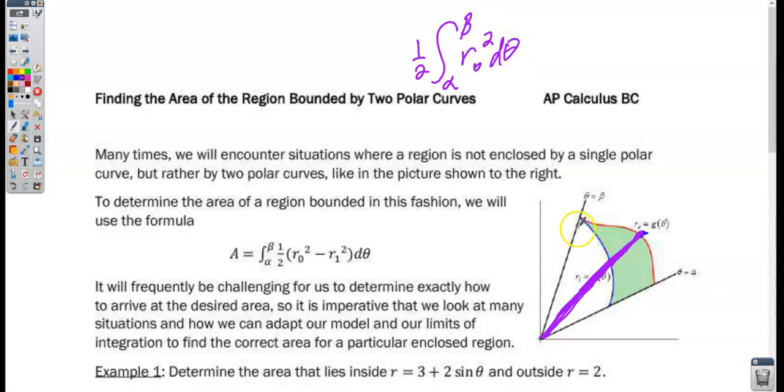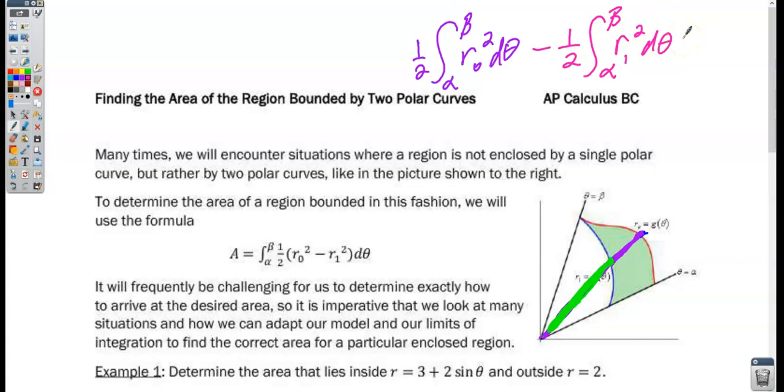That's giving you the area inside of this red curve here. And then you're subtracting away from it the area inside of the blue curve, which you're going to find by taking 1/2 the integral from alpha to beta of r sub 1 squared d theta here.